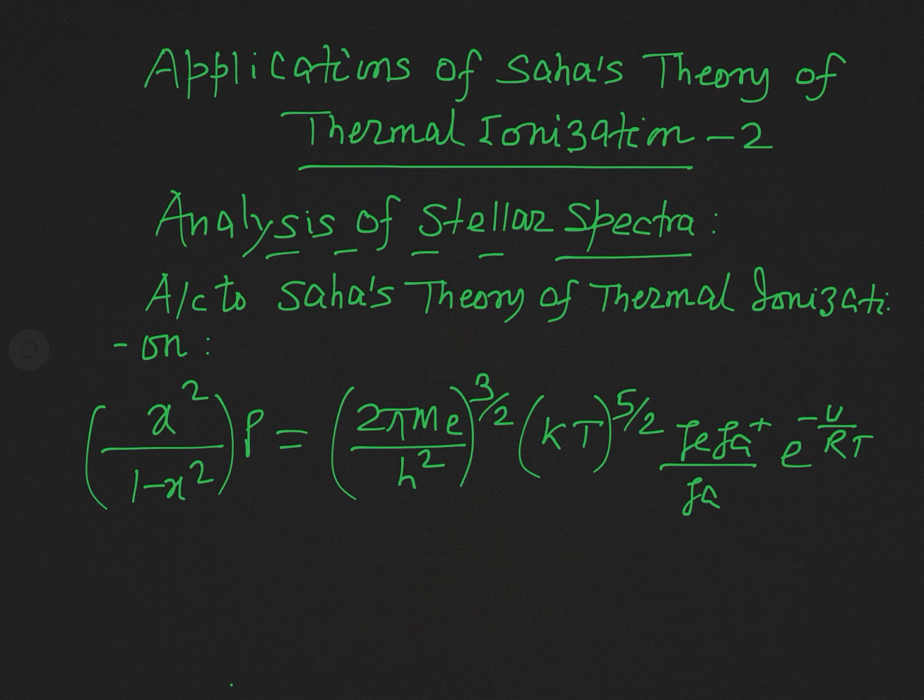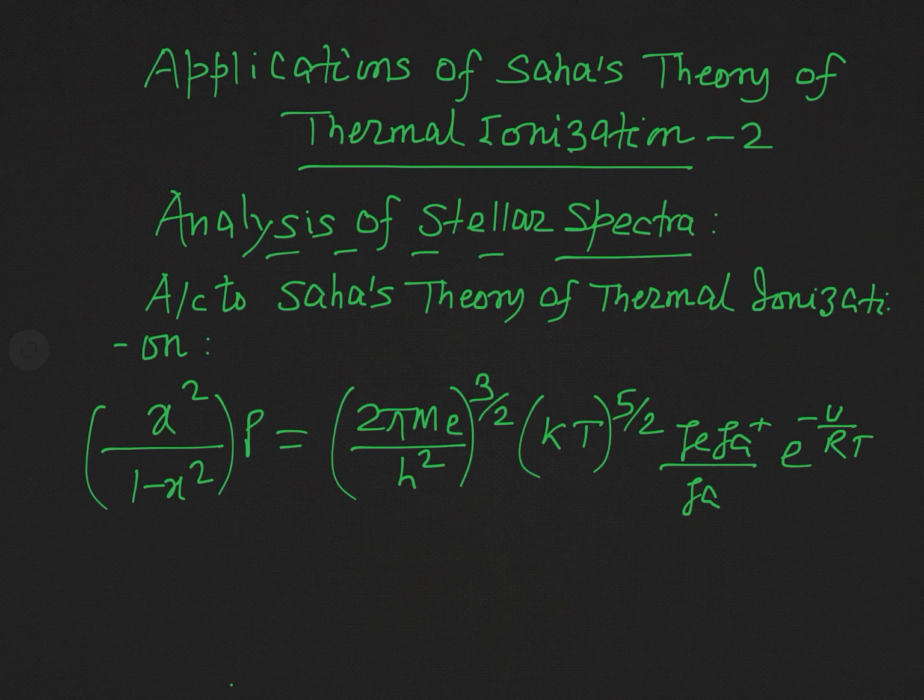You have already derived and studied this very equation, which is known as Saha's equation or Saha's formula for thermal ionization. In this equation, the terms used are the usual ones, which you are acquainted with.